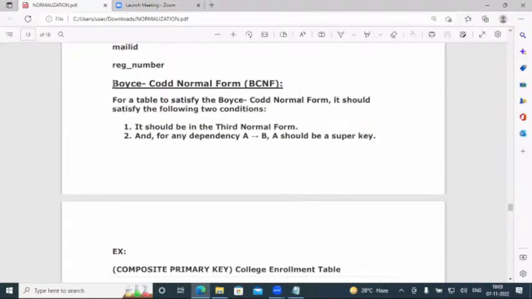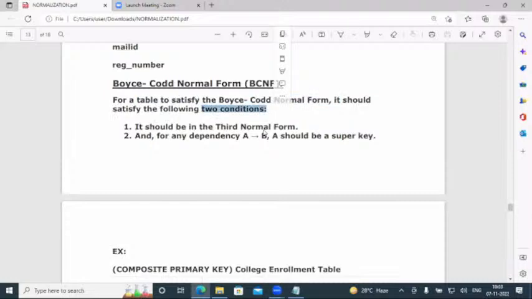That is called Boyce-Codd normal form. Now the next technique: for a table to satisfy Boyce-Codd normal form, it should satisfy again two conditions. Can you observe? Every rule has two conditions.